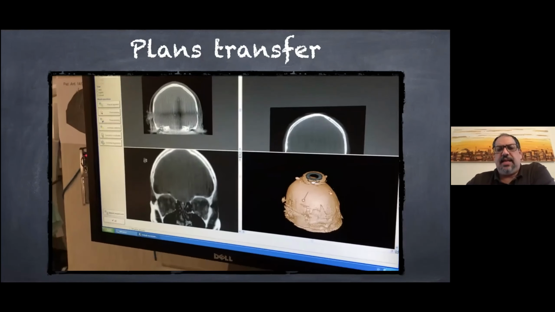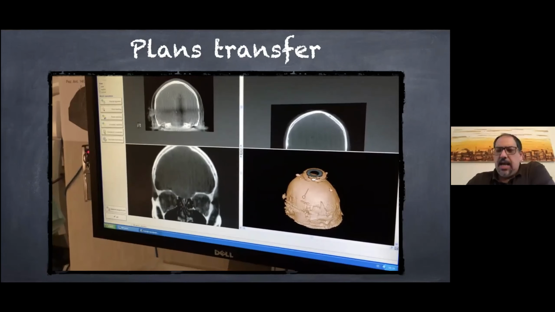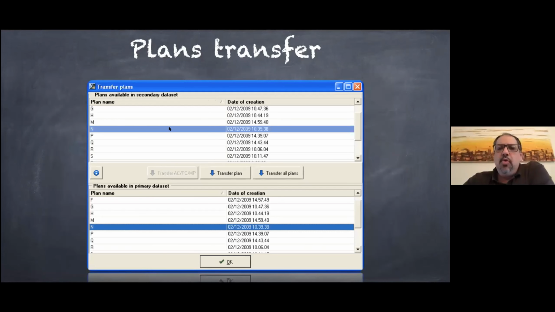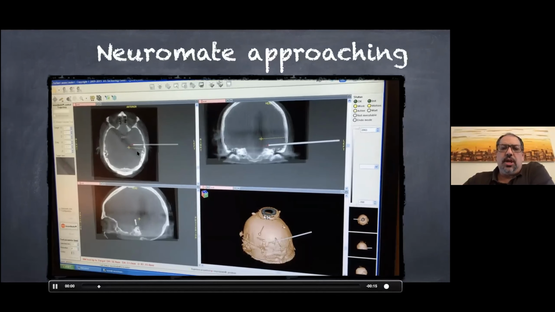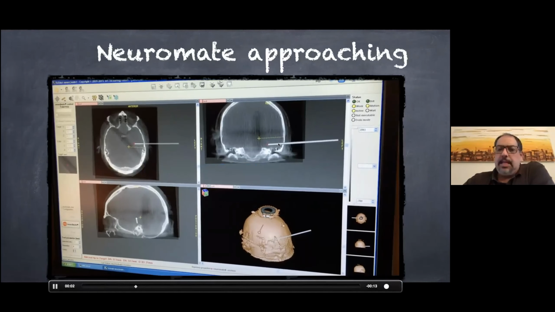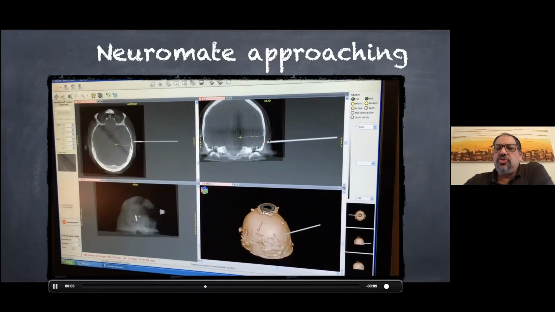We check very carefully that the co-registration is almost perfect. Then we can move the trajectories from the planning datasets to the actual dataset, and we can go on with the true implantation. Here you can see on the monitor of the computer the position of the robotic arm moving from one trajectory to another.